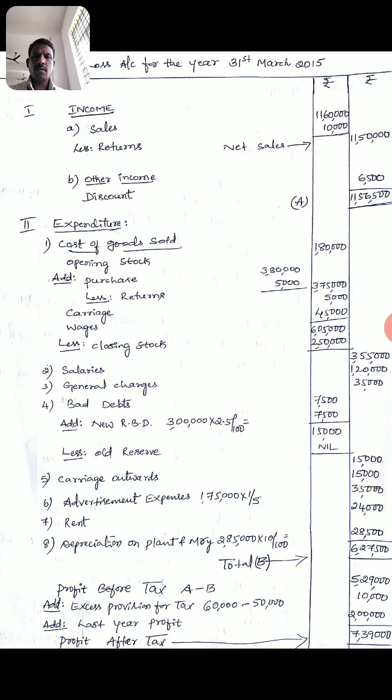For that we are going to add purchases of rupees 3,80,000. In the problem they have given return outwards of rupees 5,000. Return outwards in the sense the goods which were already purchased are returned back to the creditors. So that is rupees 5,000.